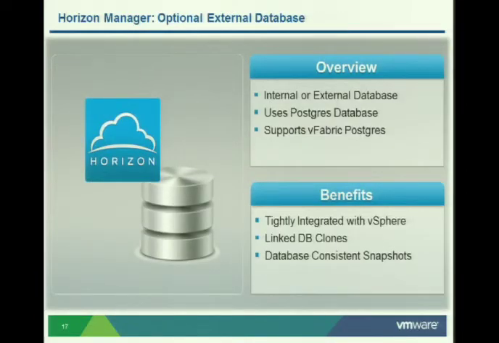And then, of course, once you start scaling out multiple appliances, you're going to need an external database. Today, for your external database needs, we support our vFabric Postgres or any type of Postgres database, and we will be extending that to other platforms and other types of databases in the future.